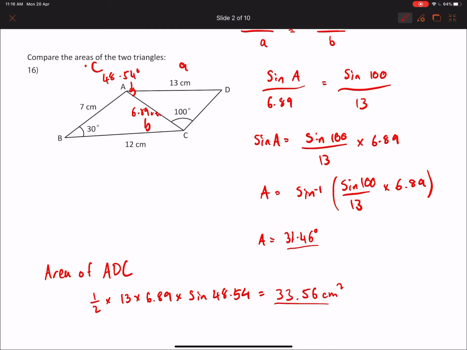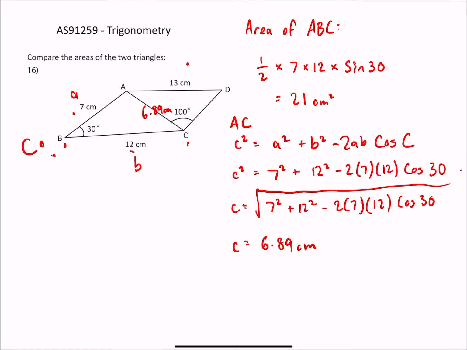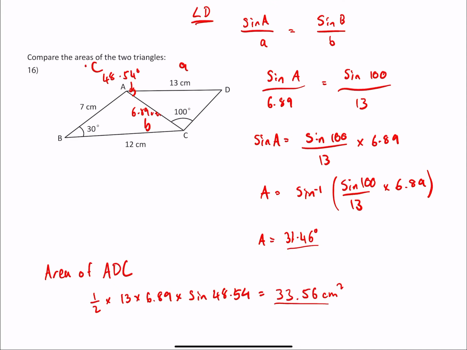So the question asks you to compare the two triangles, so all I need to do now is compare the size of 33.56 centimetres squared of ADC in comparison to the size of ABC, which was 21 centimetres squared. So ADC is bigger, so triangle ADC is greater than triangle ABC in terms of area.